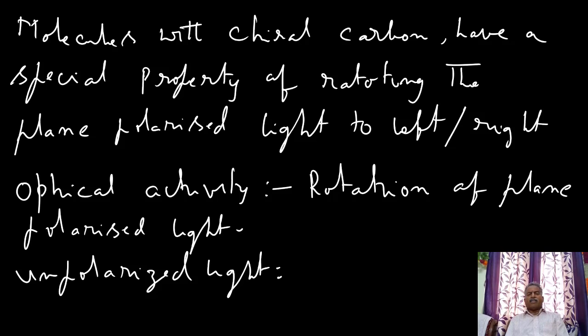Unpolarized light means light waves travel in different planes randomly. Randomly means there is no particular plane for the light rays to pass. So this is a random motion. Such a light is referred to as unpolarized light.